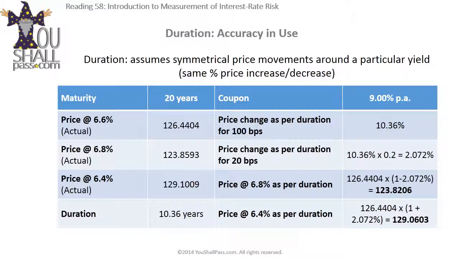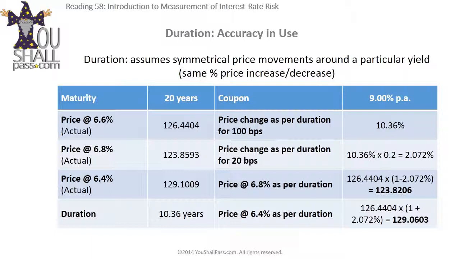This 2% then is how much prices should increase or decrease by for a 20 basis point change in yield, as calculated by the duration measure. And as we can see from our workings, it's a pretty good approximation.